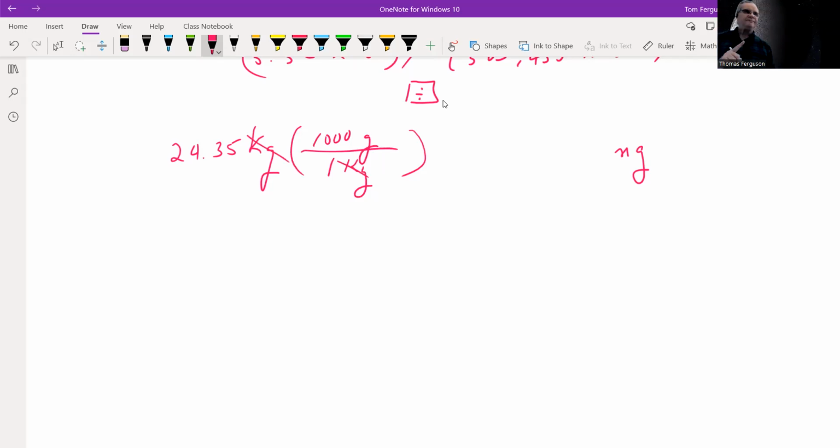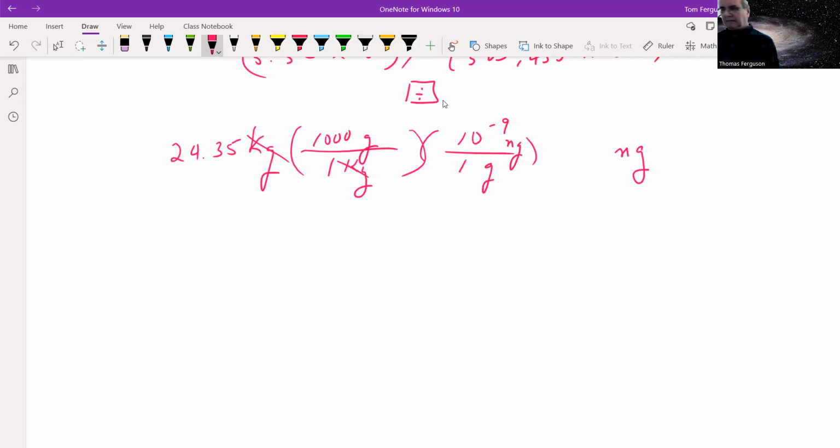We're in grams now. So the trick, this is the part where if you miss this problem, this is where you missed it. Okay, a lot of you put this down as an answer. What is wrong with that conversion factor?